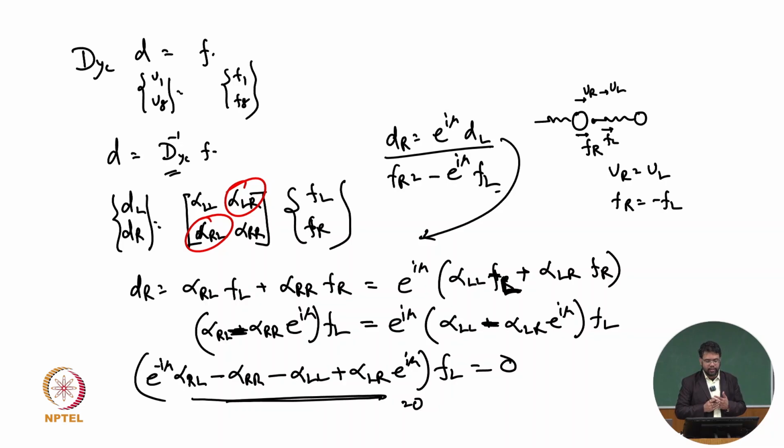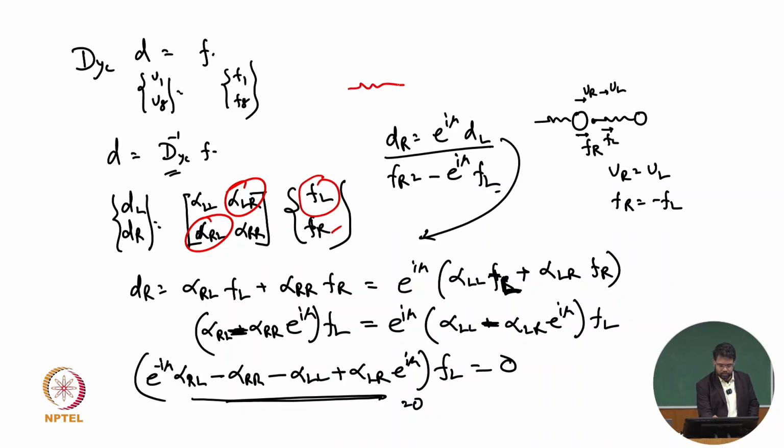If you think this is part of the receptance matrix, that means what? How can we feel that? We can think like this: if we are not applying any force at L, only applying a force at R, how much displacement can we see at L?